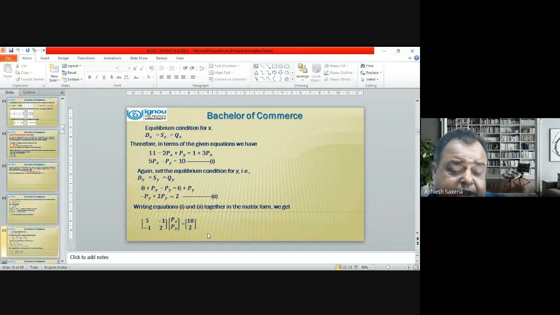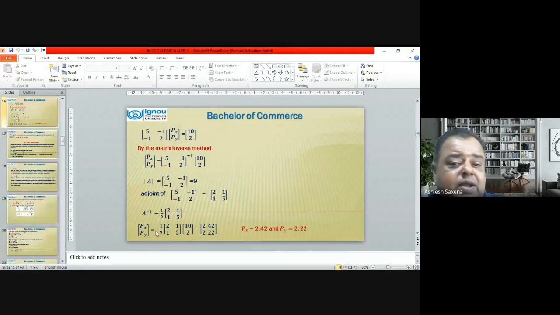But when you are supposed to find the values of Px and Py, when the equations are in this form, we have to transfer this matrix to this side. In that case, we have to find the inverse of this matrix. If you remember, I have told you how to find the inverse, because this is a 2 by 2 matrix.